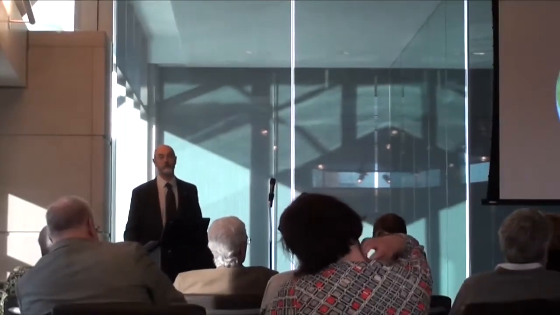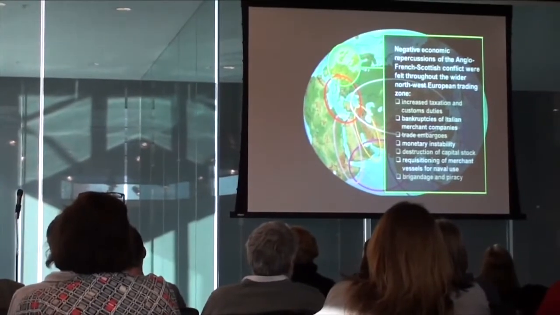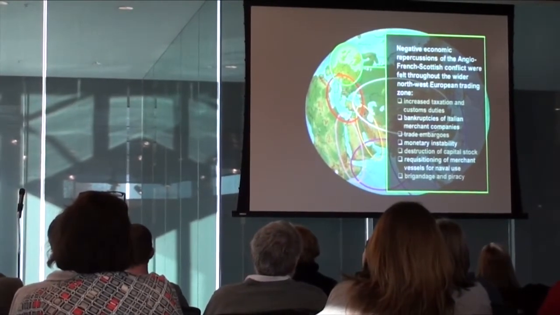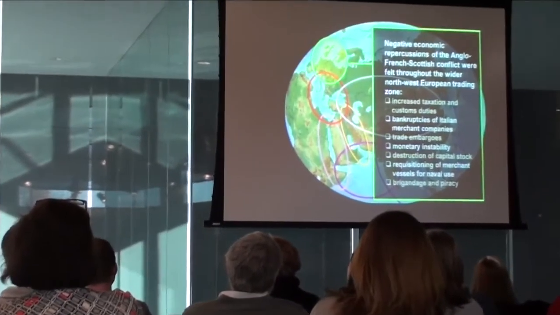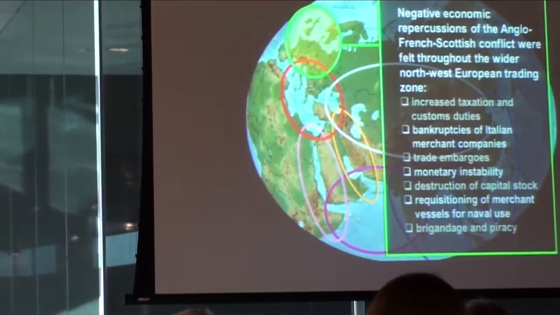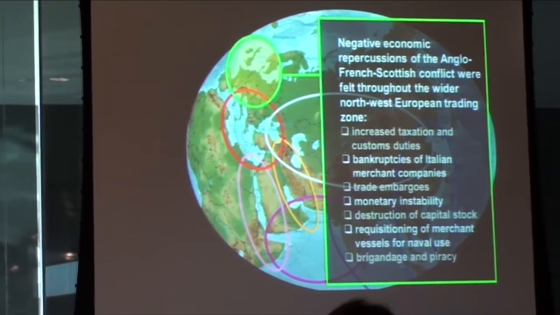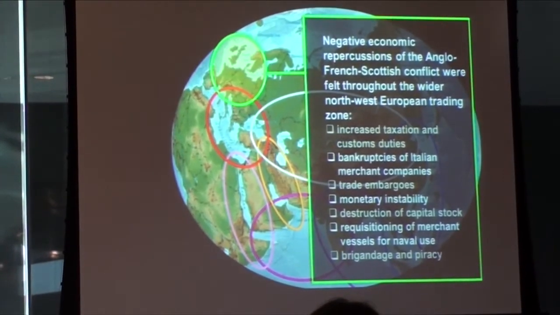And these ripple out throughout the whole of the northwest European trading zone, which is a very extensive trading zone by this point in the 14th century. No part of northern Europe is beyond that trading zone. And everywhere is on the receiving end of increased taxation and customs duties, bankruptcies of Italian merchant companies. This is the decade when the great Peruzzi and Bardi companies of Florence go bust.